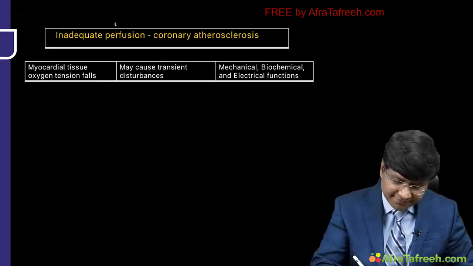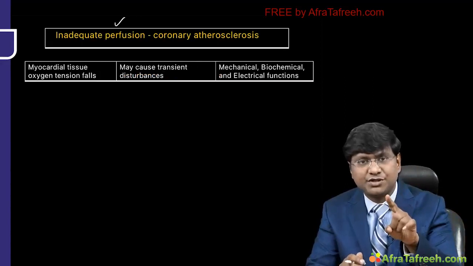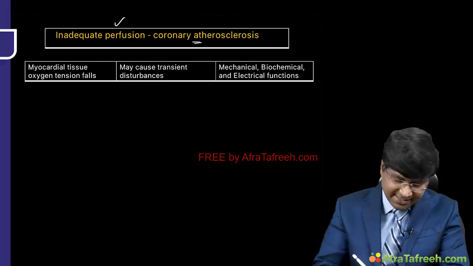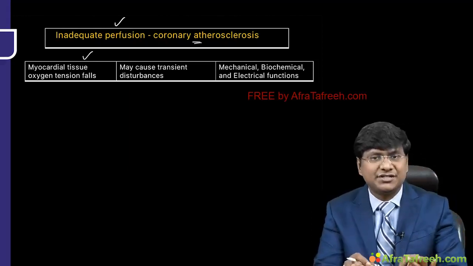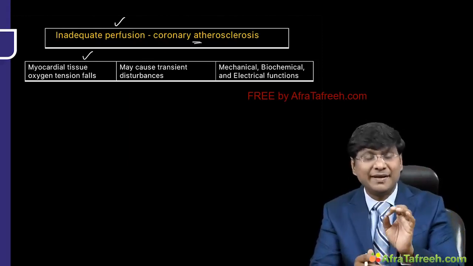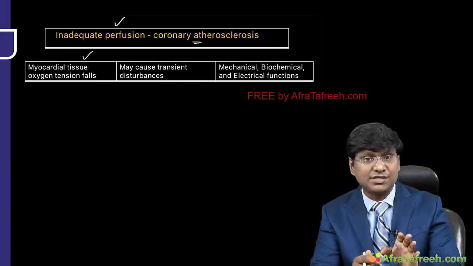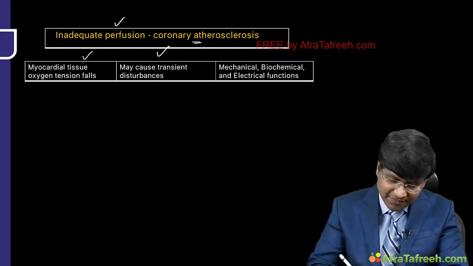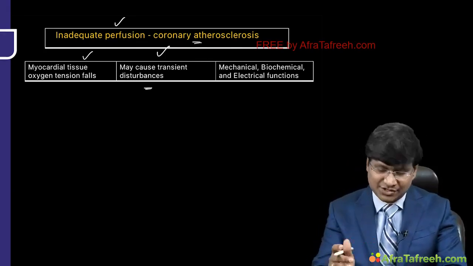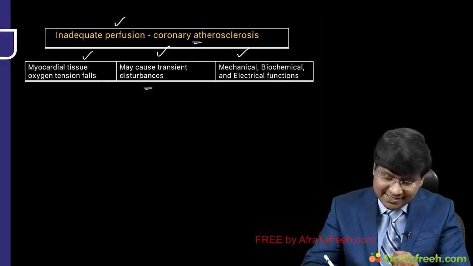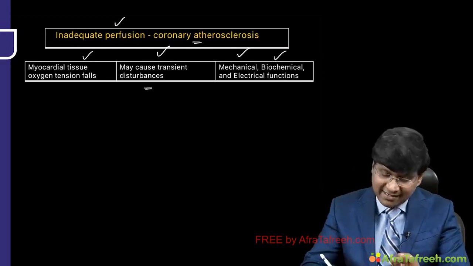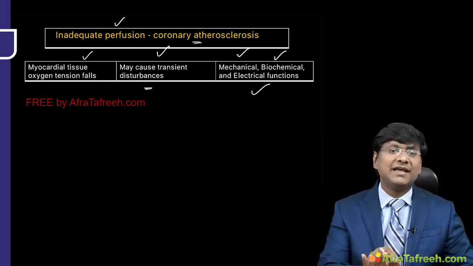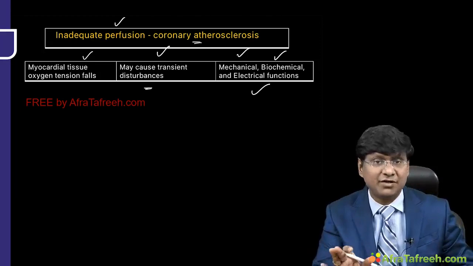During the episodes of inadequate perfusion caused by coronary atherosclerosis, the myocardial tissue oxygen tension falls down, and that will cause transient disturbances of the mechanical, biochemical, and electrical function of the myocardium. That is the effect of the ischemia.